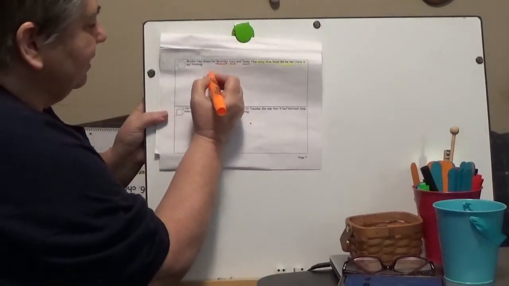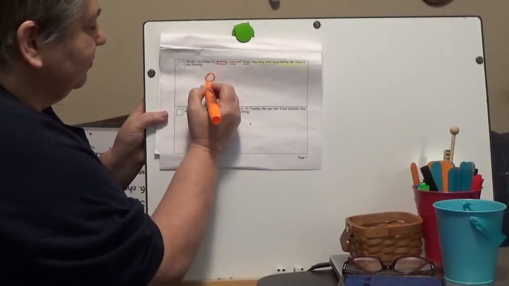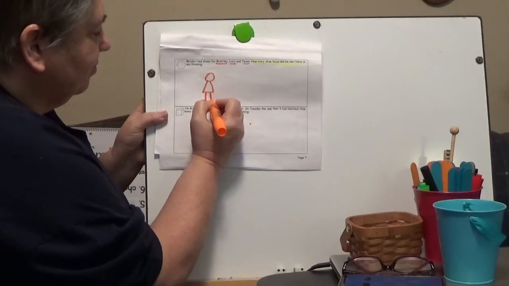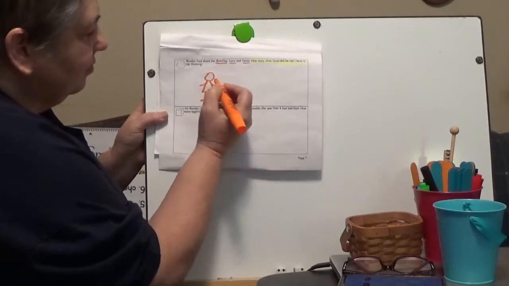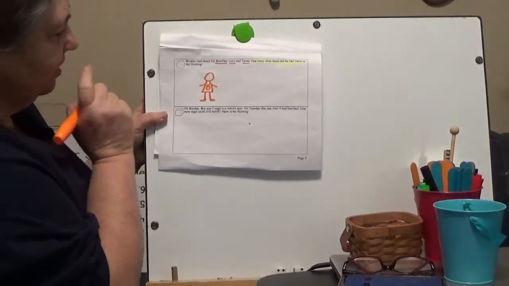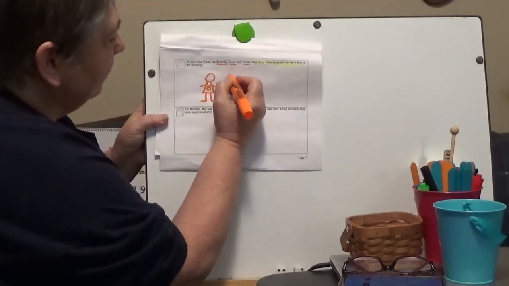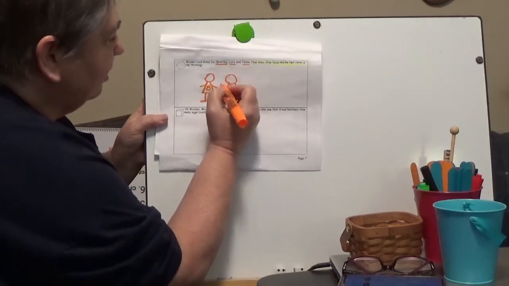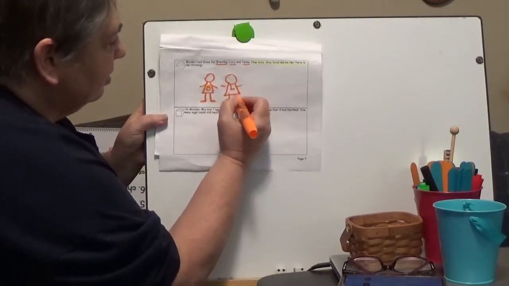So here's Brantley. I'm going to put a B on him. So he is Brantley. Here's Lucy. Put an L on her for Lucy.